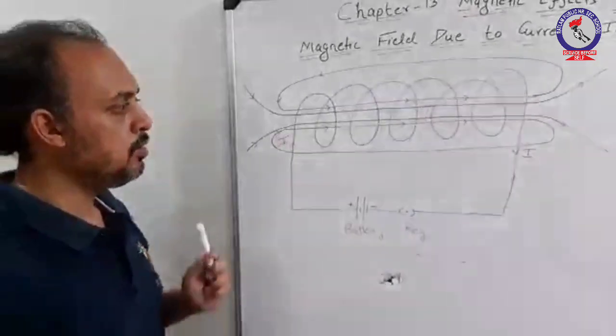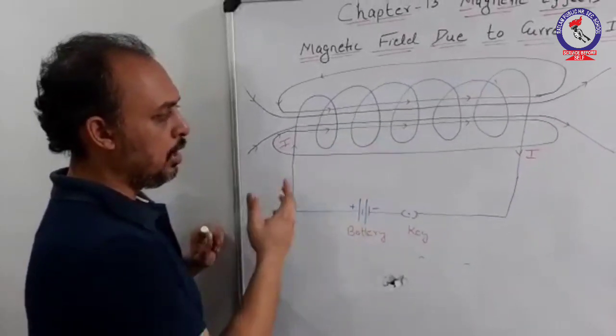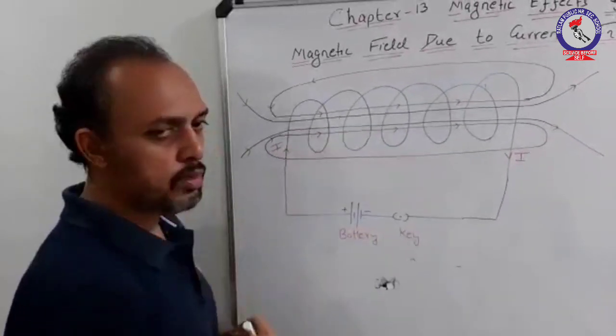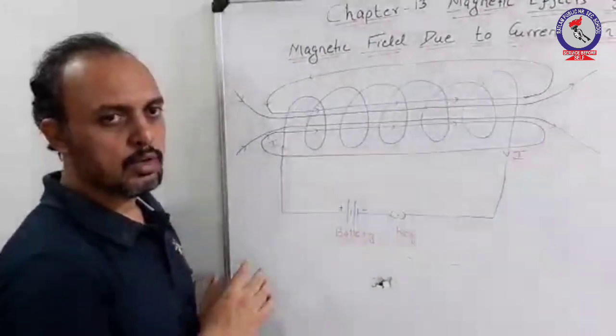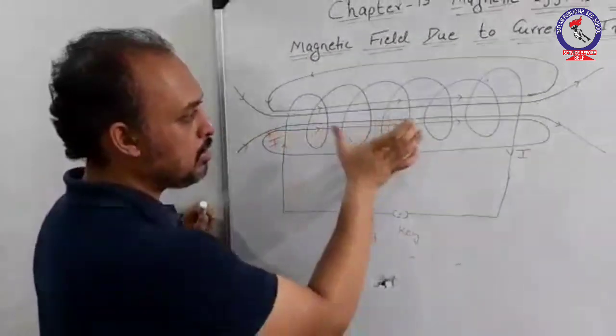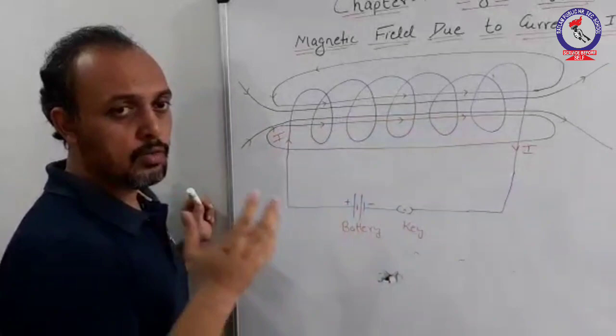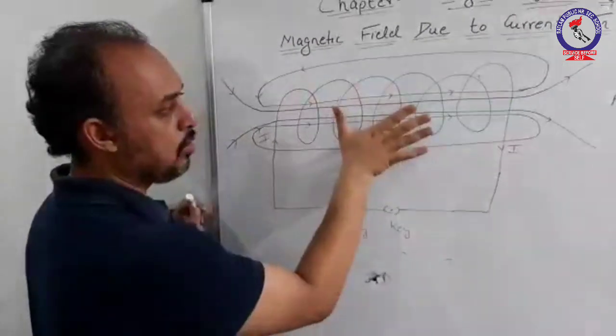As you can observe in the given diagram, I have connected a battery with the help of which a certain magnitude of current is being passed in this solenoid. It is observed that lines of force, or a magnetic field, is formed inside this solenoid, or you can say a very strong magnetic field is formed on the inside of this solenoid.